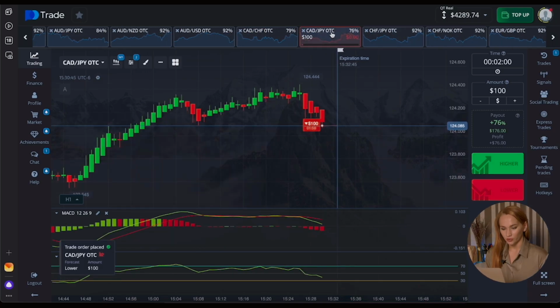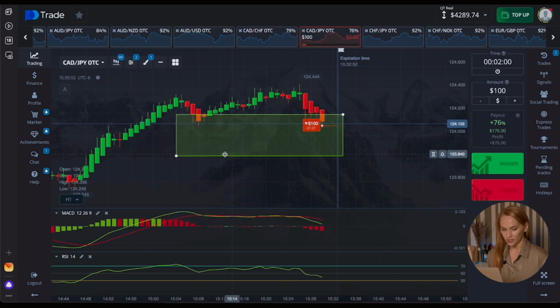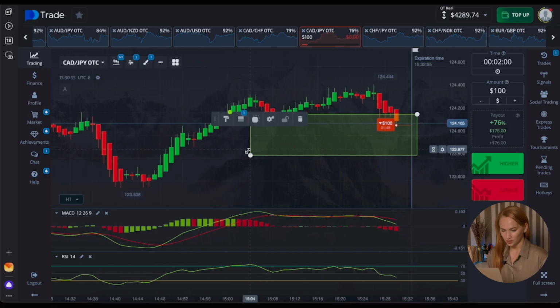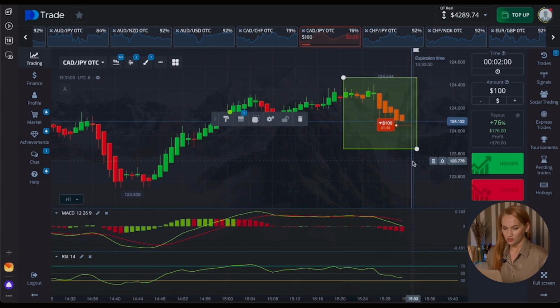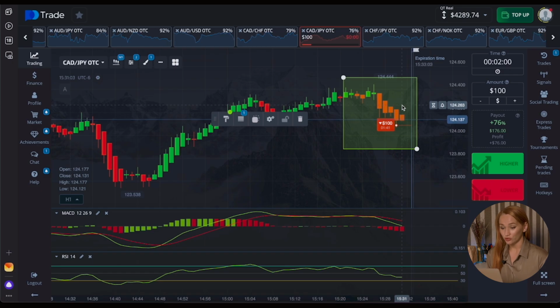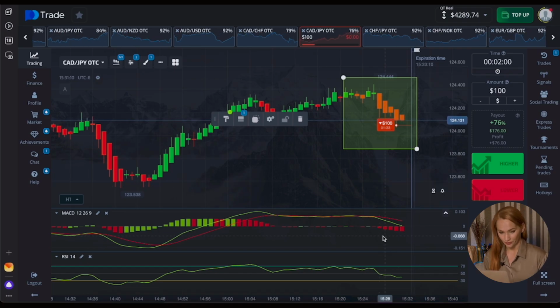Well, this currency pair, CAD GPI, as an example, we can see a downtrend. It's also a bit weak, but we'll try since we have already started a deal of 2 minutes. But we can see the graph going down, the green line crossing the red from top to bottom.